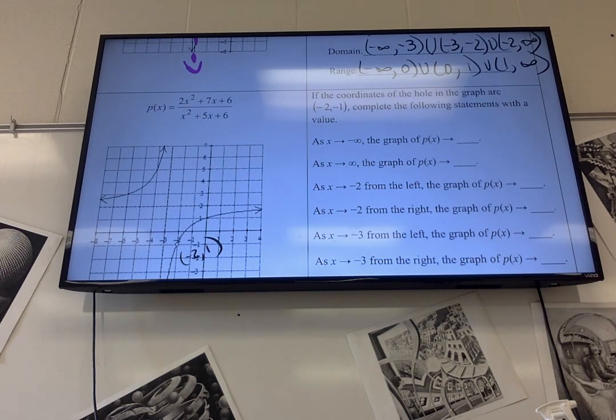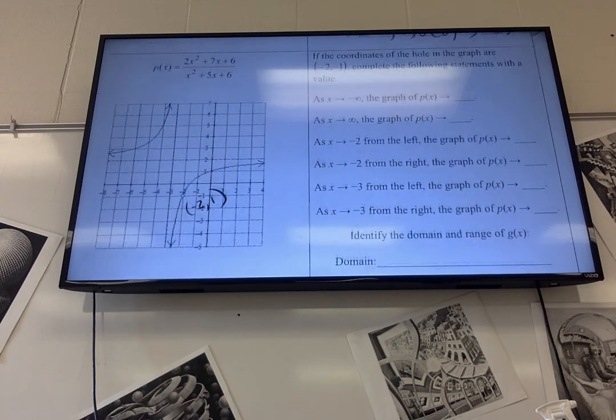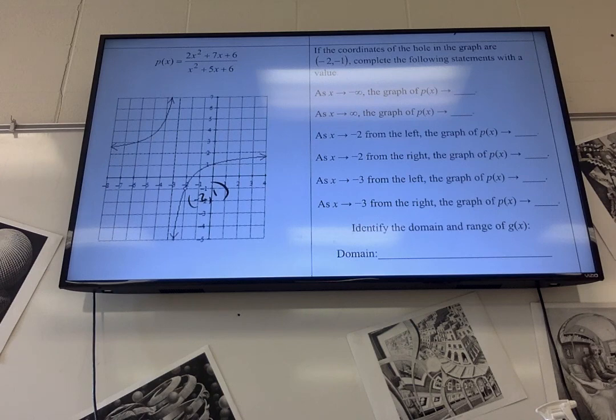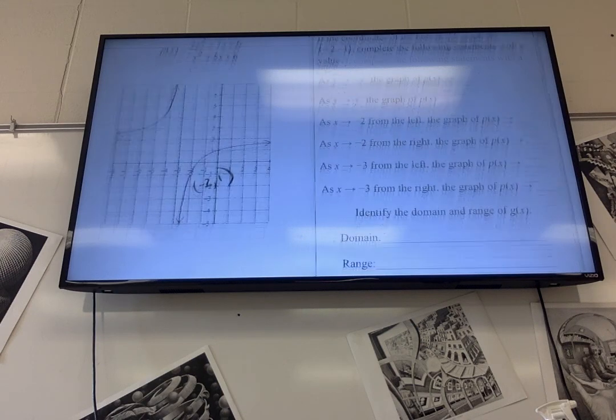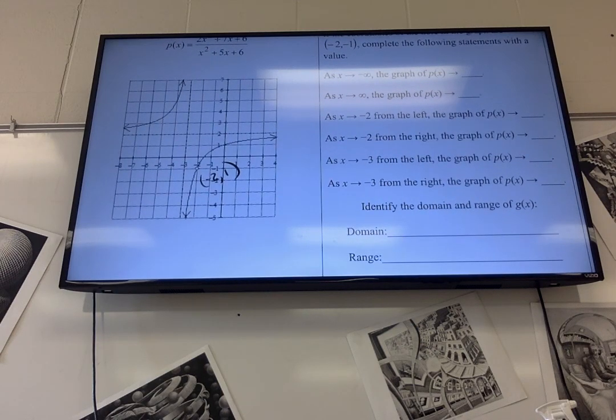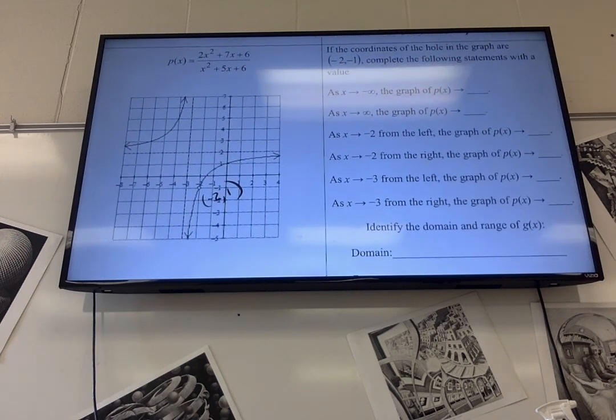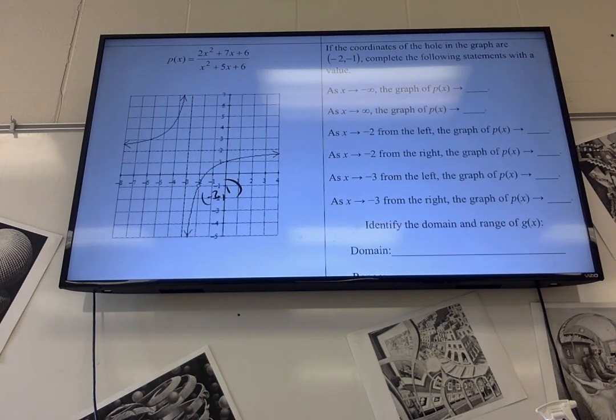All right. The first one. Okay, so the first one is x approaches negative infinity. What's the graph doing, Donna?